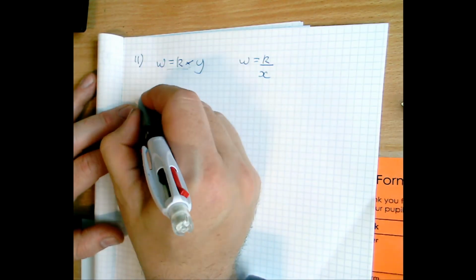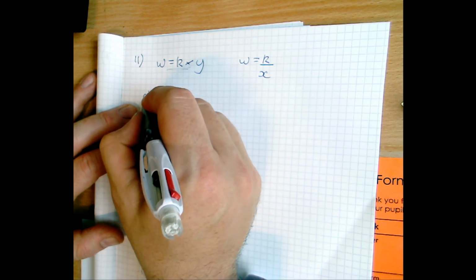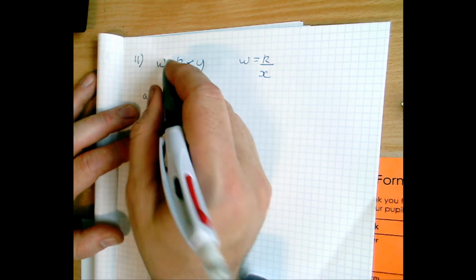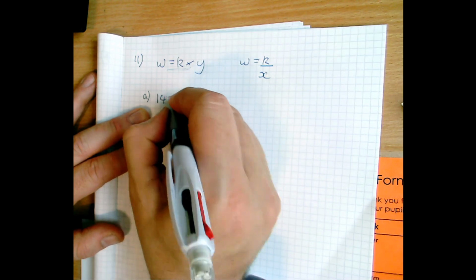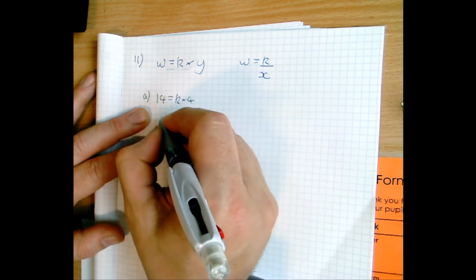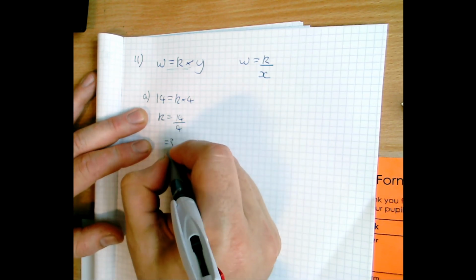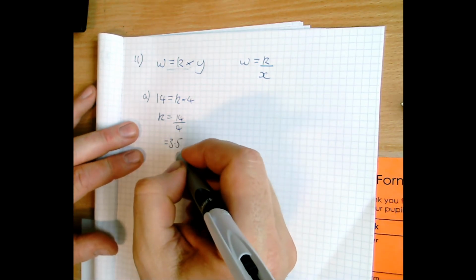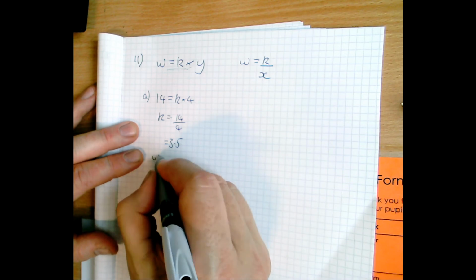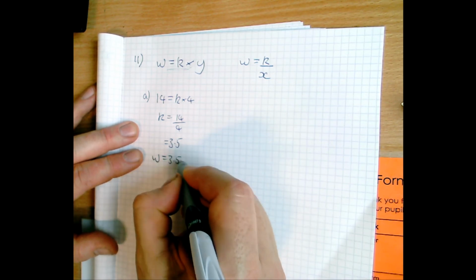So for A, when y is 4, w is 14. So 14 equals k times 4. So k must be 14 divided by 4, 3.5. So I can write w equals 3.5 times y.